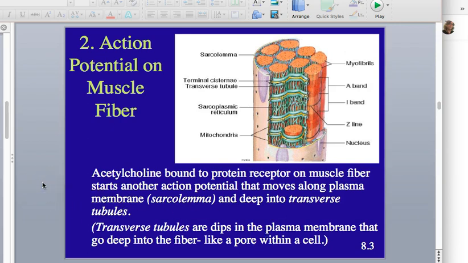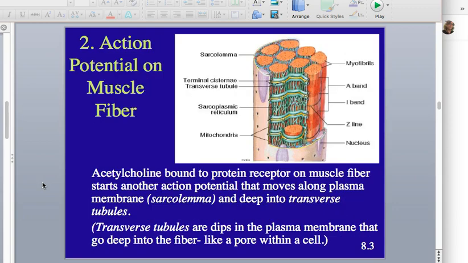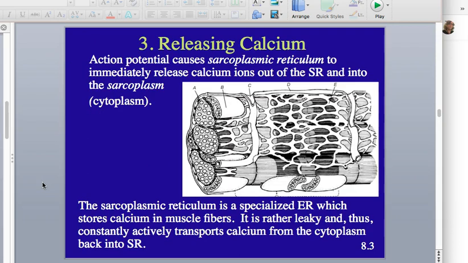Okay, so step 2 is, we have acetylcholine, it causes the sarcolemma to become active. And it does this by, do I want you to know why? Nah, not really. So now the acetylcholine has woken up all of the sarcolemma, so the entire cell, with an action potential, and that causes, remember the sarcoplasmic reticulum?